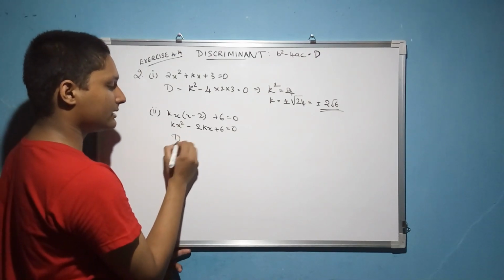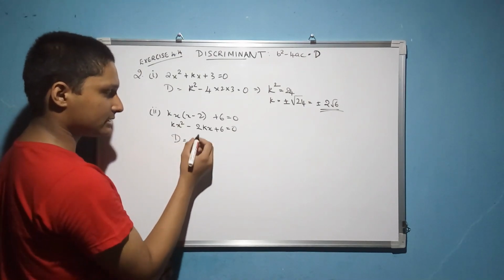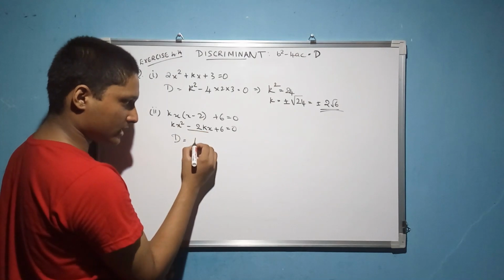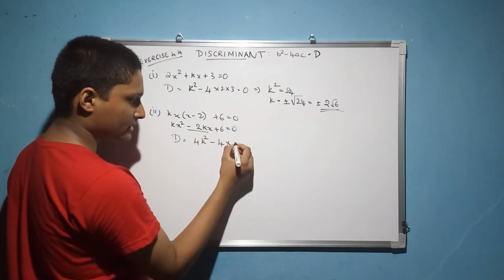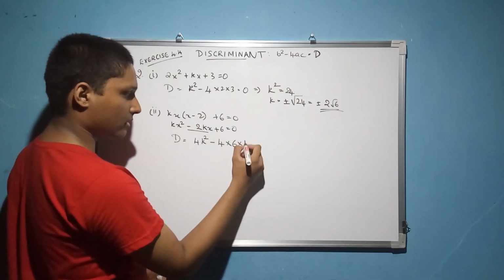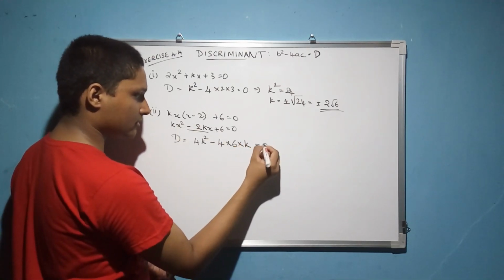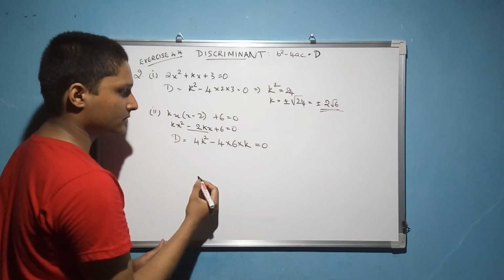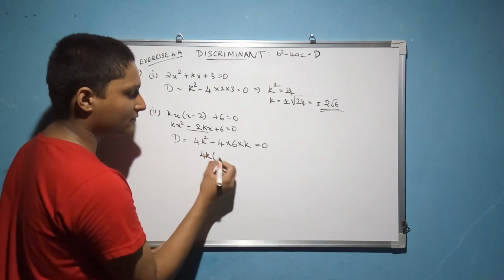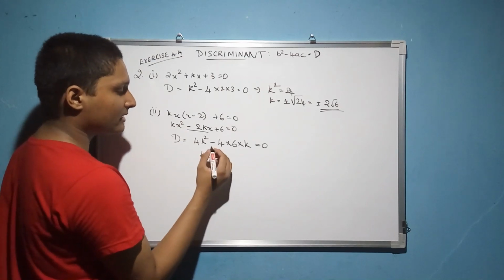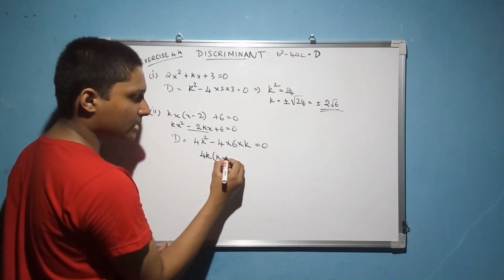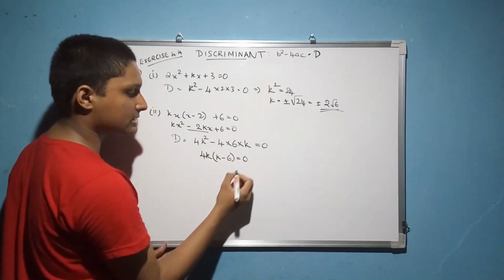Now we need to equate the discriminant to 0. That is going to be minus 2 whole square, which is 4k square, minus 4 into 6 into k, is equal to 0. So we'll take 4k common from both of them, and what is remaining is k minus 6 is equal to 0.